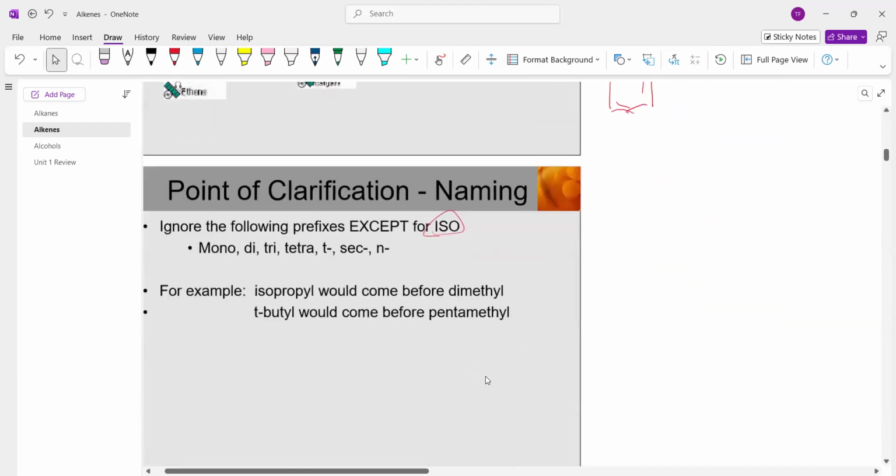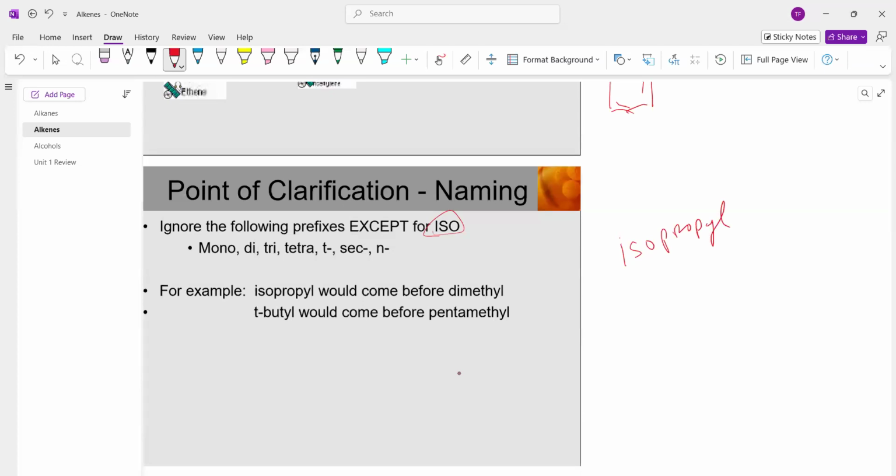Okay, a point of clarification on naming. When we're naming stuff, remember we talked about the mono, di, tri, tetra, etc. To ignore those. Those will not come in the alphabetizing, except for iso, like isopropyl.